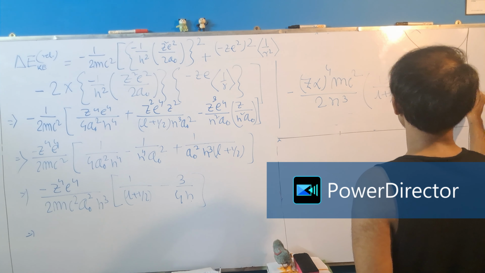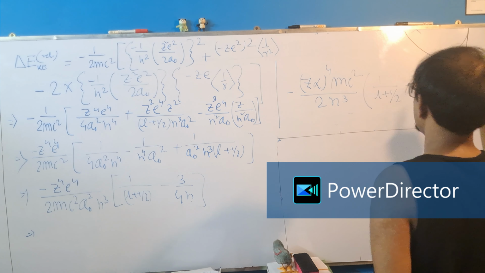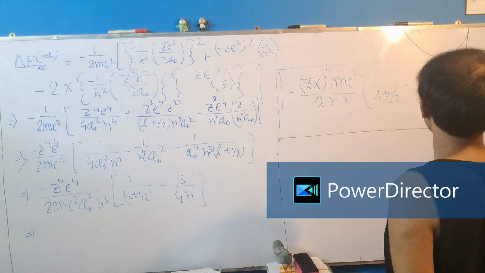This is delta E, relativistic kinetic energy.